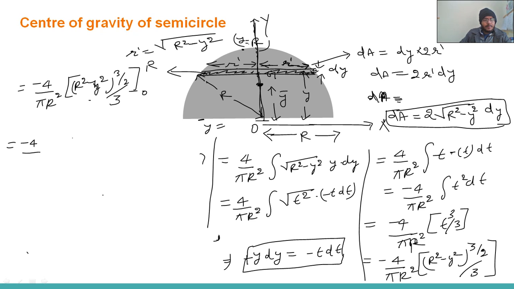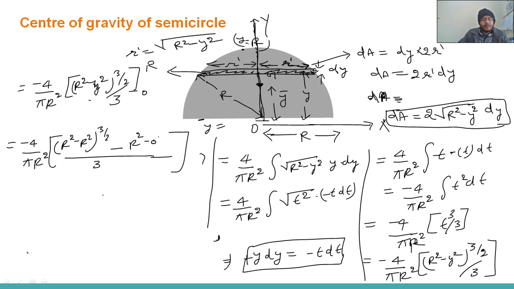Now minus 4 by pi r square into, first put the value of the upper limit, so r square minus r square to the power 3 by 2, minus, now put the value of the lower limit, that is r square minus 0 square to the power 3 by 2. So the first will become 0.